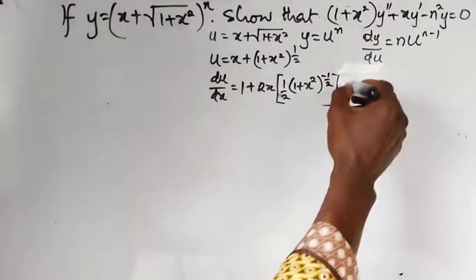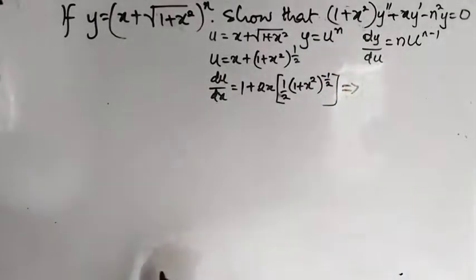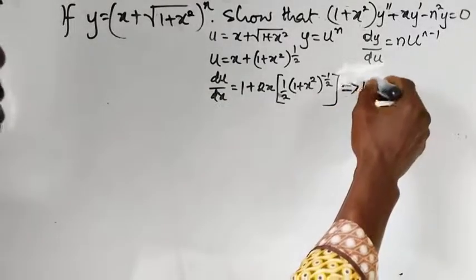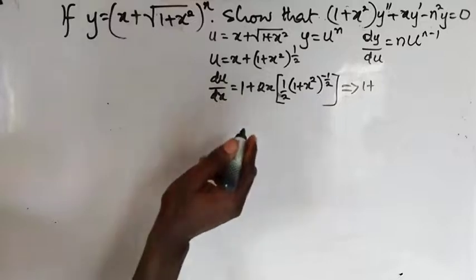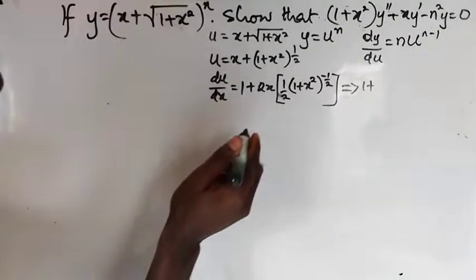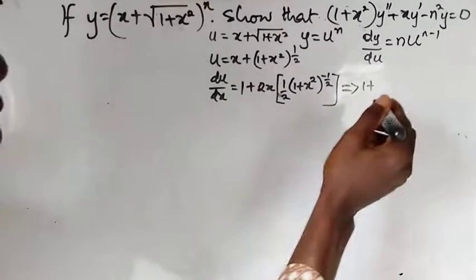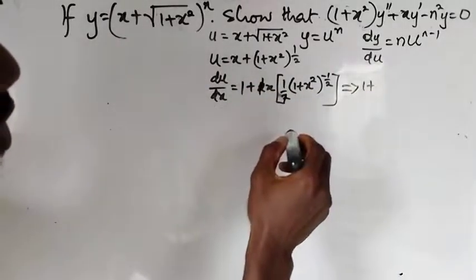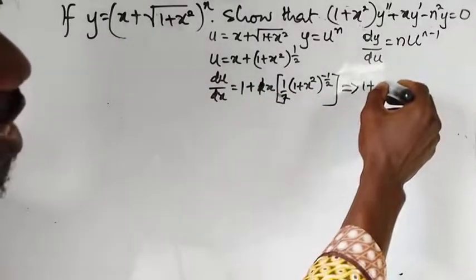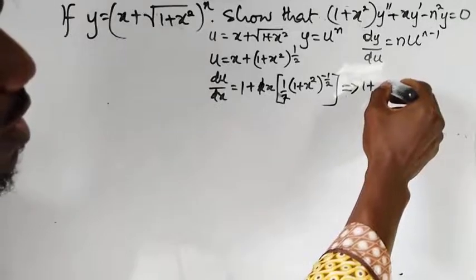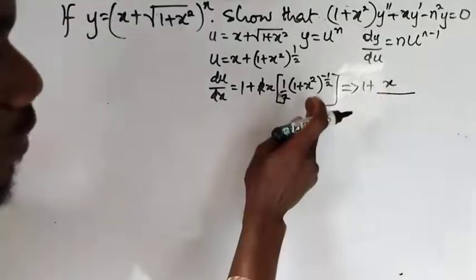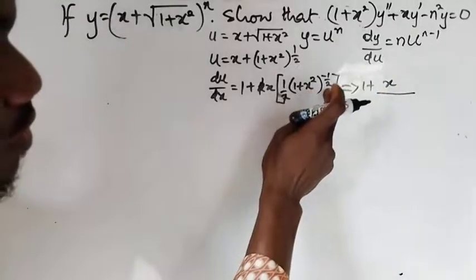So this will give us 1 plus, now the 2s cancel, we have x over (1 + x²) to the power of 1/2.